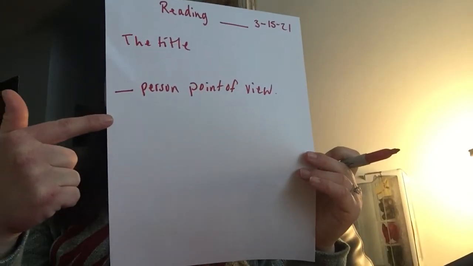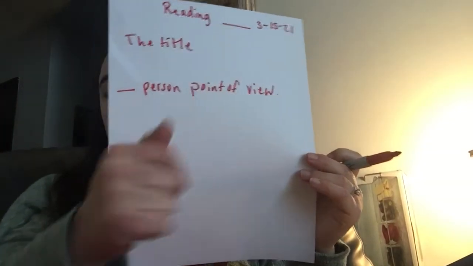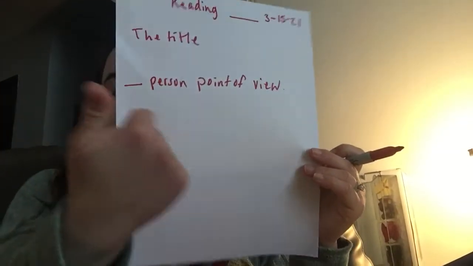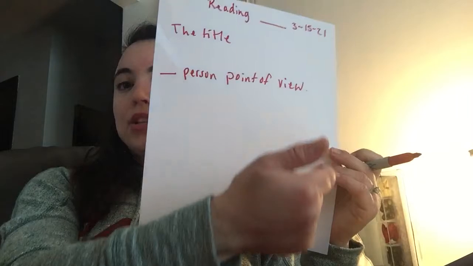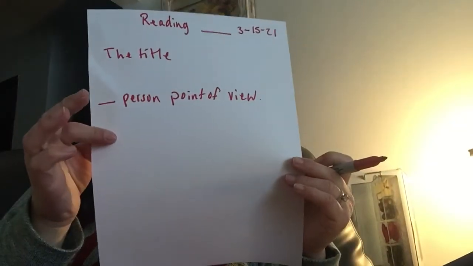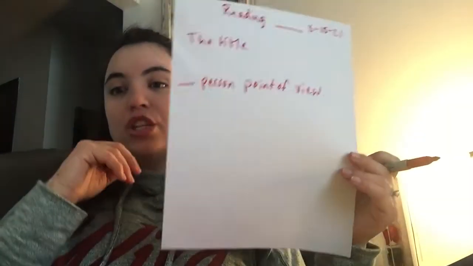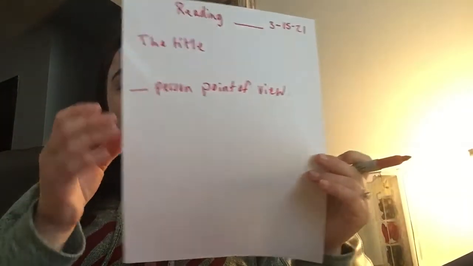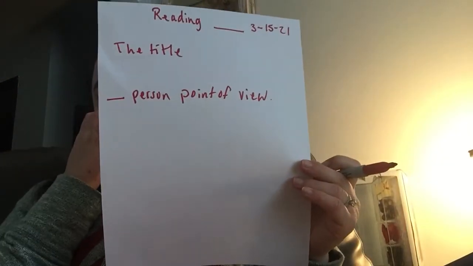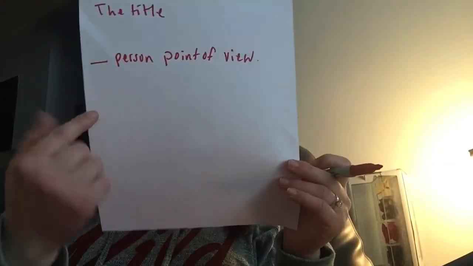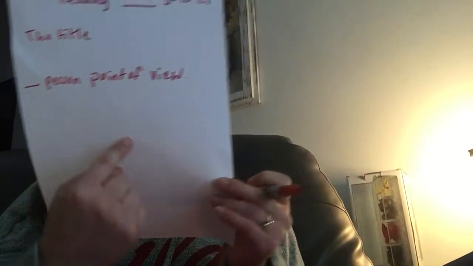But if it's first person, the dog is telling the story, the sister's telling the story, Susie's telling the story. You'll need to add another sentence here if it's first person point of view. If it's third person point of view and it's an outside narrator, then don't worry about adding a second part here. Then you're going to name how one of the characters feels.